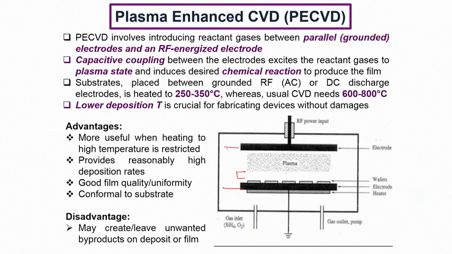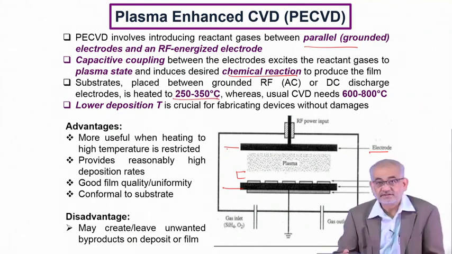You need the substrates to be grounded, and you need the other electrode which will produce the plasma. The capacitive coupling is the reason why the gases inside dissociate into the plasma state, and the chemical reaction that follows can take place at a relatively lower temperature.